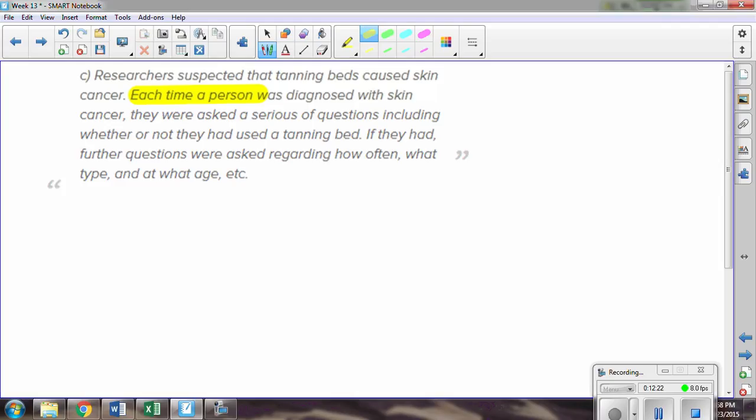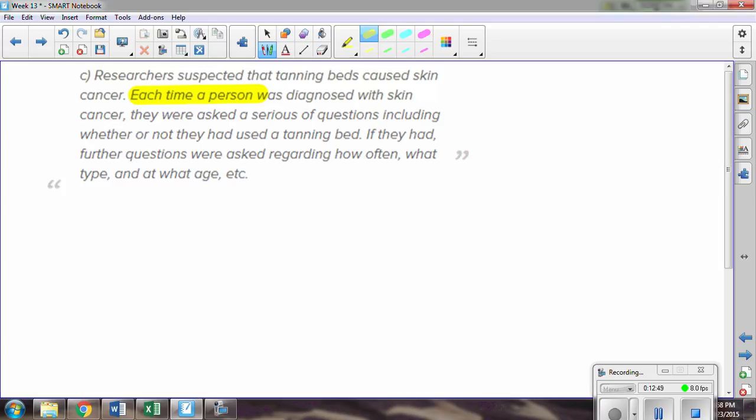Did the researchers do anything to the group of people with skin cancer? Or did they simply record information about what happened naturally? It's not like they went through and created a control group. They're not saying, oh, Joe and Chance and Alex, we want to know if tanning beds give skin cancer, so you guys go hang out in this tanning bed for a while.